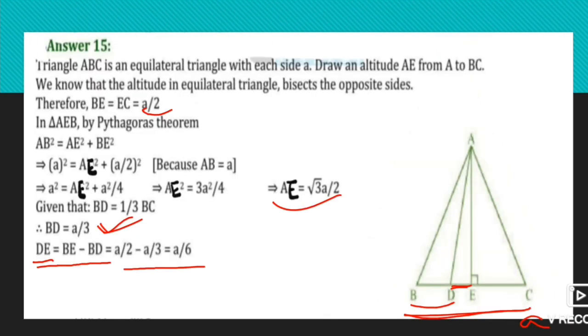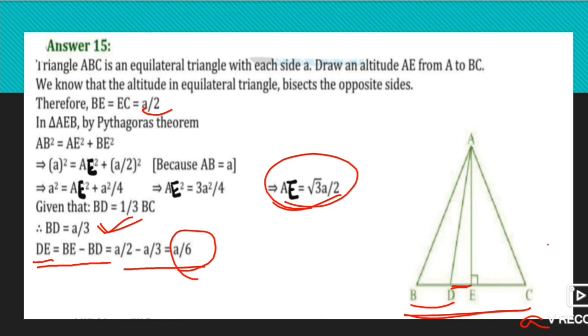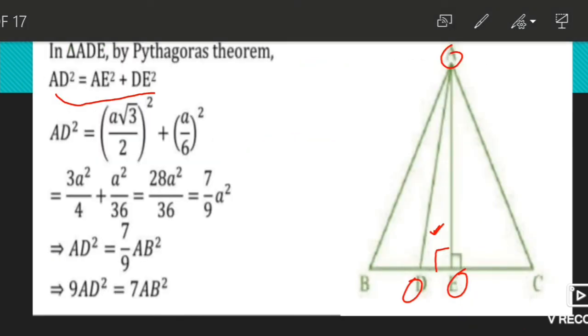Now here in the previous slide I have evaluated the value of AE and the value of DE, that is A by 6. After putting the value of AE and DE, it will become A root 3 by 2 whole square plus A by 6 whole square.